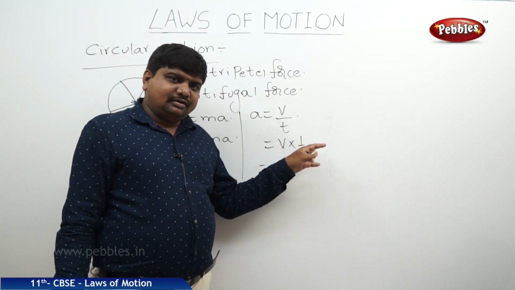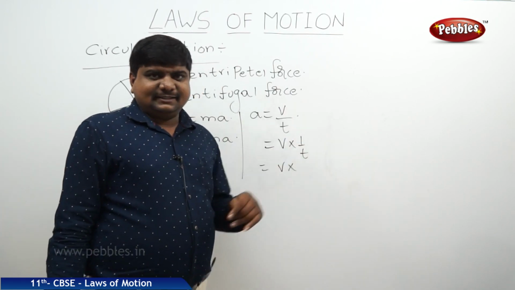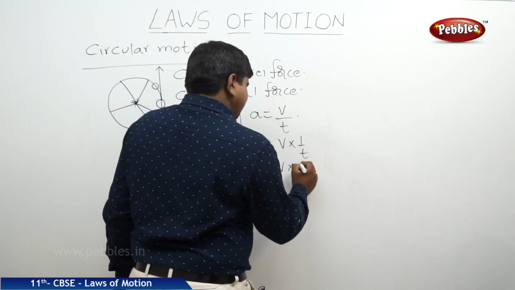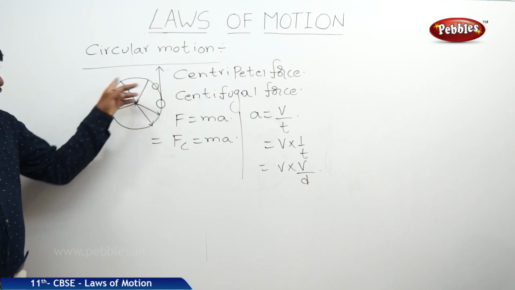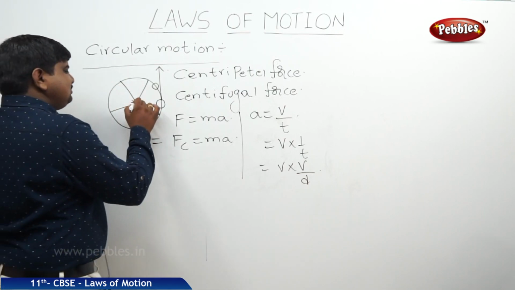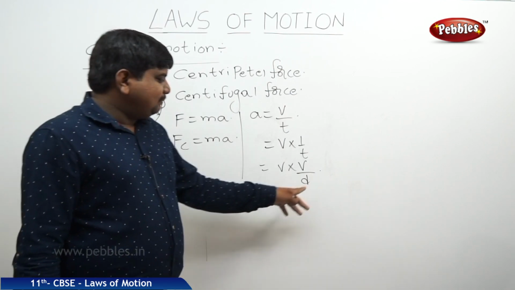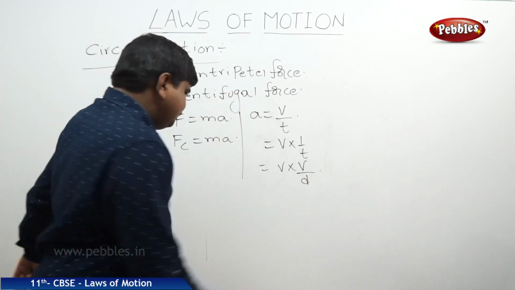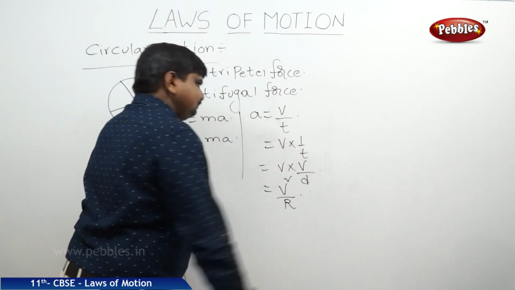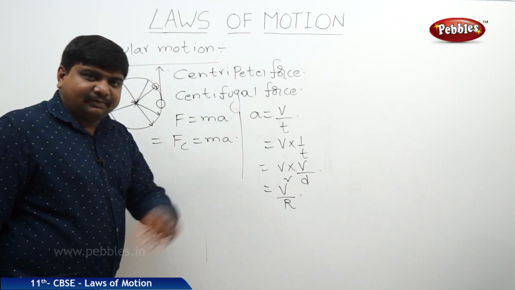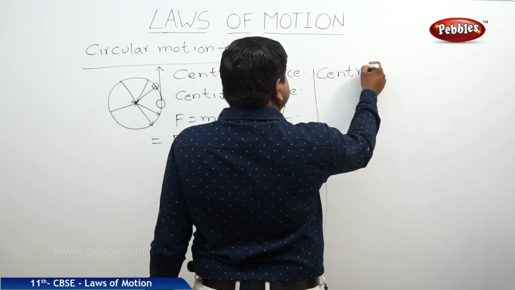So 1 by time is equal to velocity by distance. If the body is moving in a circular path, the distance maintained by the body is always equal to the radius of the circle. That's why in place of d we can write r. Therefore acceleration is v square by r.